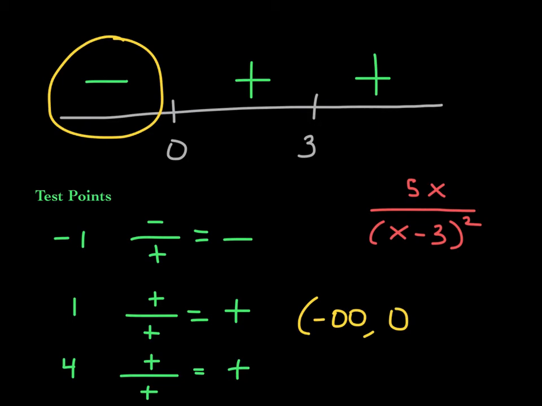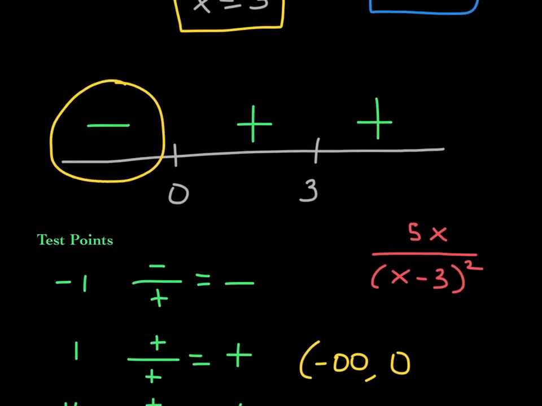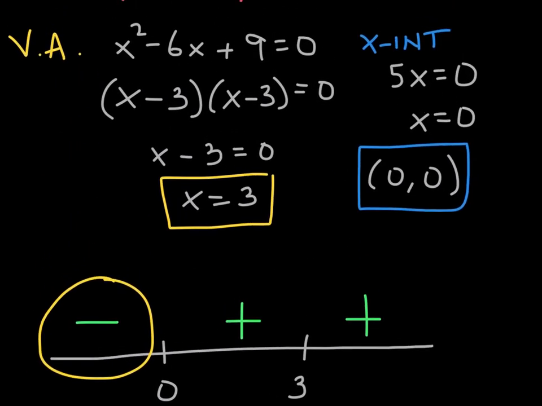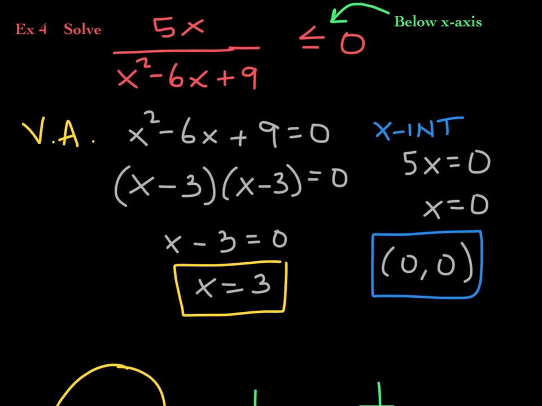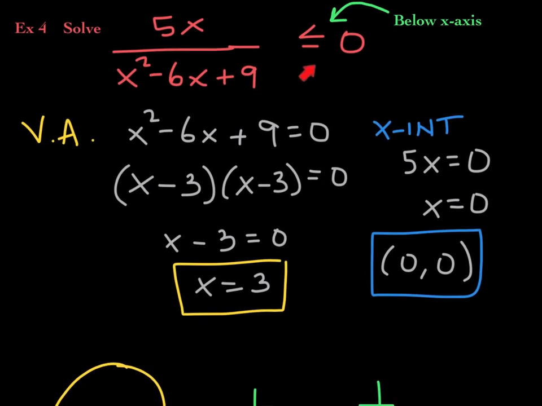Now, let's be careful here. Should we be putting a bracket or a parenthesis on 0? What do I do? Well, let's look at the original inequality, shall we? The original inequality is up here. There it is. The original inequality is non-strict.